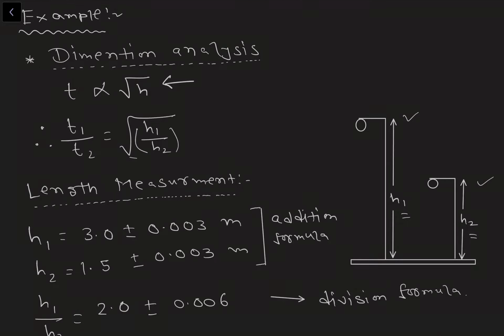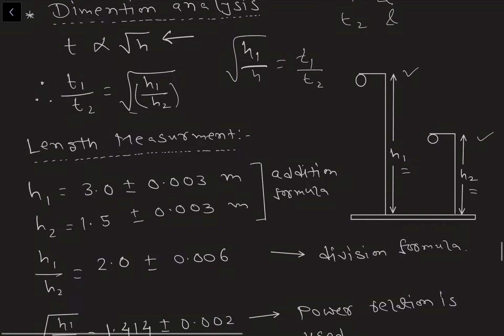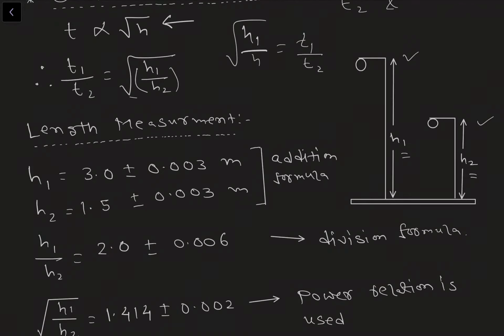Now we will take the ratio of h1 and h2, and first we will measure h1 and h2, take the square root and predict the ratio of t1 and t2. Then we are also going to measure t1 and t2 and check whether our dimension analysis is showing us a correct result or not. So that is the idea. We will show here step by step how to calculate error, what to take as dependent error, what to take as independent error, and so on.